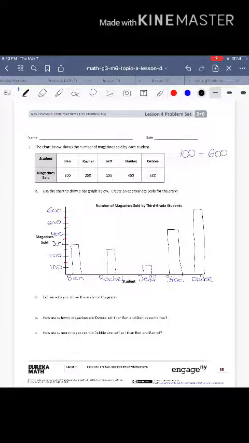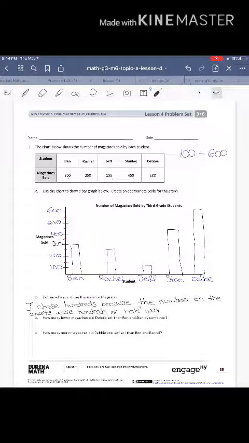And we're going to say something like this. I chose hundreds because the numbers on the chart were hundreds or halfway.